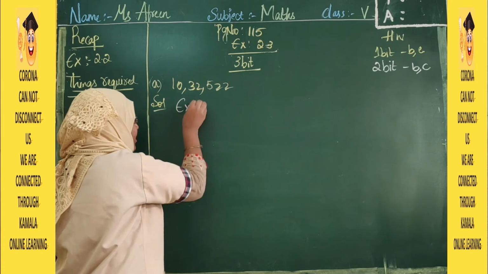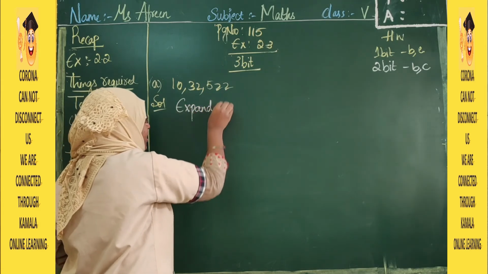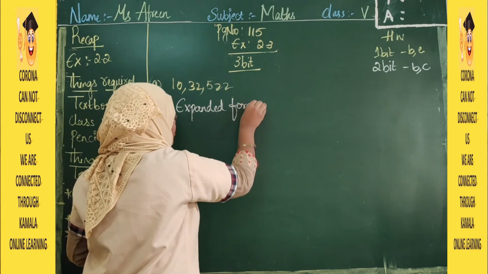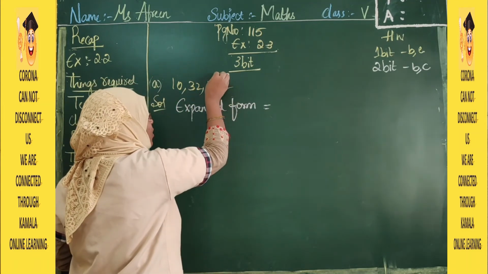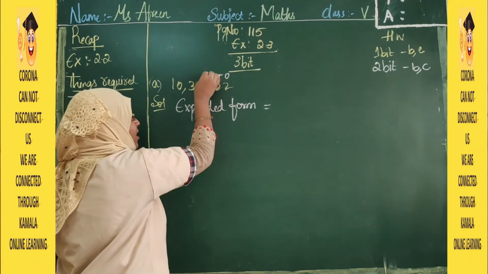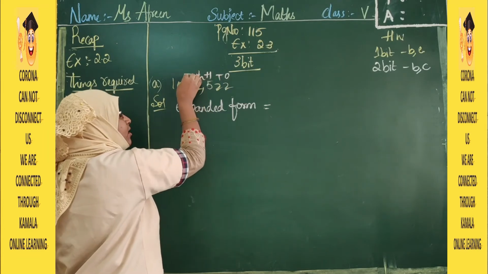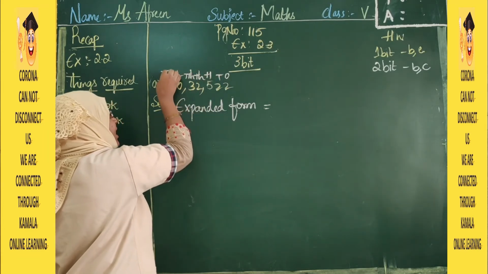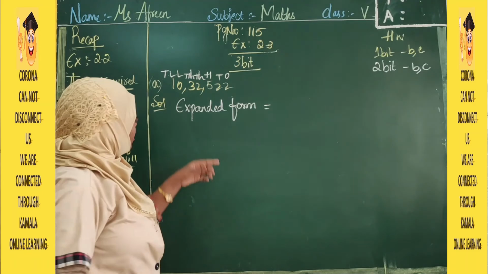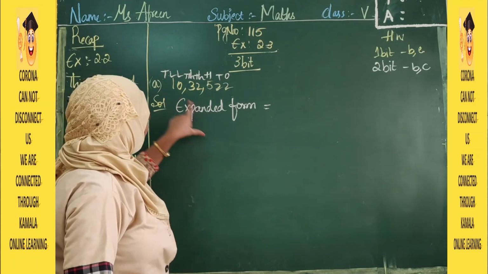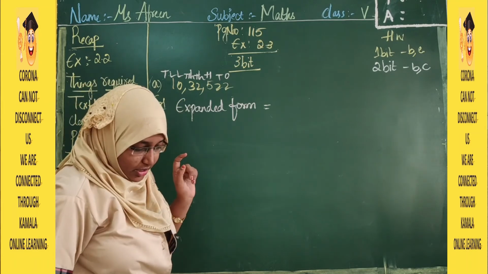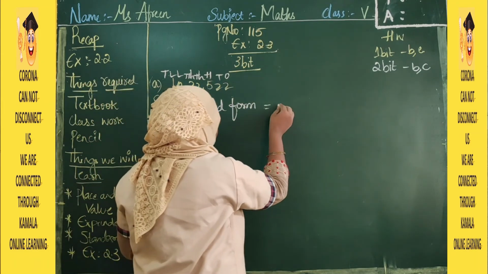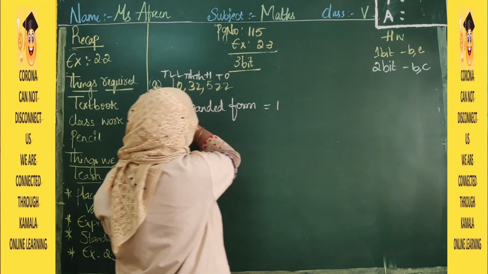So let us write expanded form. Expanded form. Now if you see what is expanded form, if you write place values ones, tens, 100, 1,000, 10,000, lakh and 10 lakh. So now expanded form of 1. 1 is at 10 lakh place.